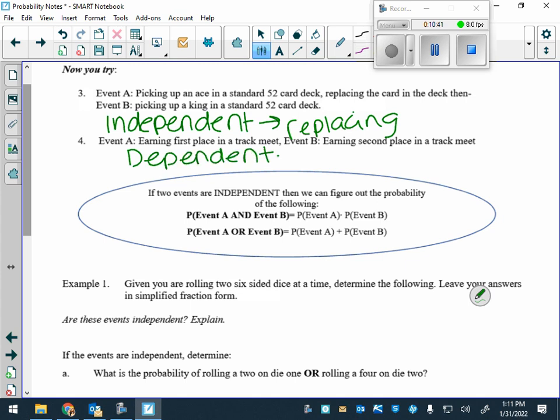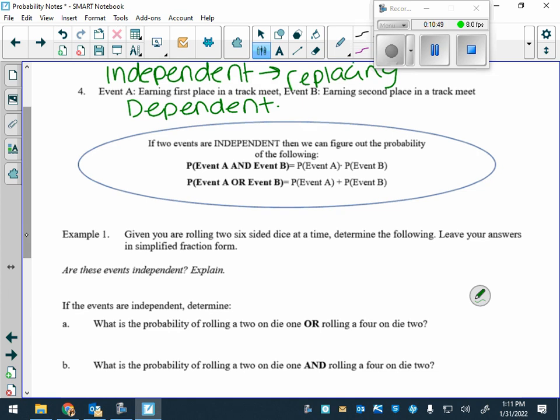Good. Because we already determined if events are independent, then we can figure out the following probability. These are important to remember and to note. If you wanted to find the probability of event A and event B occurring, you would multiply the two events.